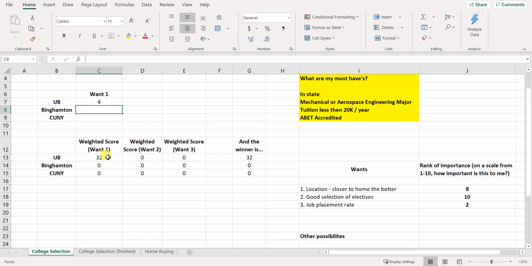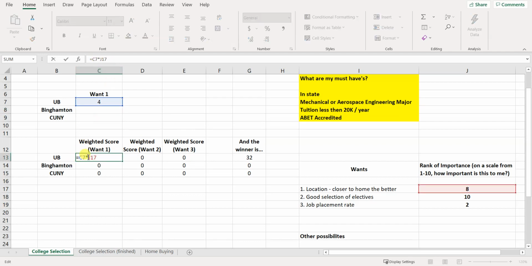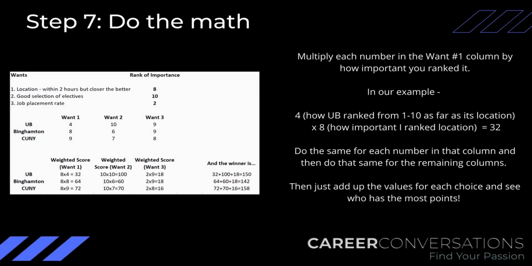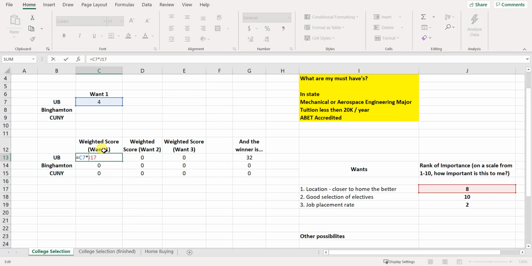Now, real quick, guys, I just noticed that this number popped up, and the reason it did is because I put a little formula in here, and this section is weighting the scores. So it's saying UB ranks a 4 for want 1. We're going to take that 4 and multiply it by the importance.